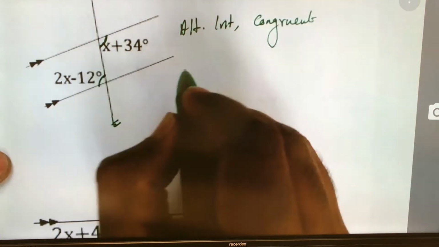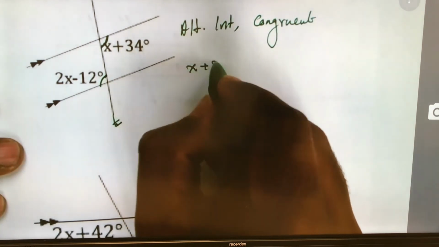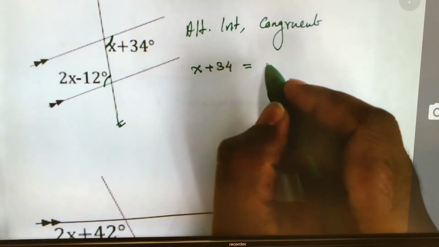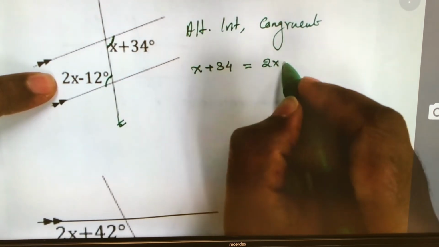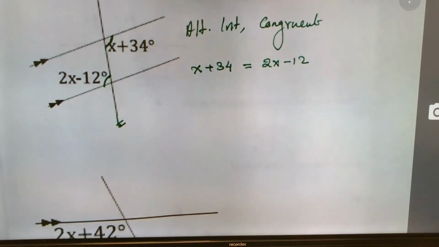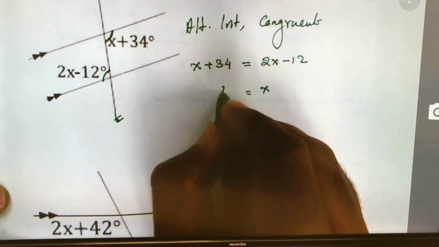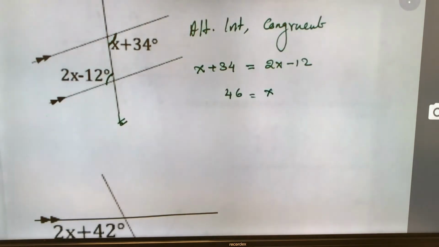So we can set up an equation. x plus 34, that's the first angle, equals the second angle, 2x minus 12. Then you solve for x. So when you solve for x, you get x is equal to 46. The question just asked to find the value of x. So x is equal to 46.